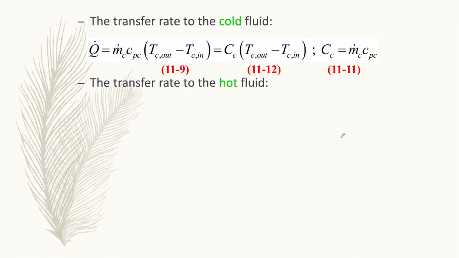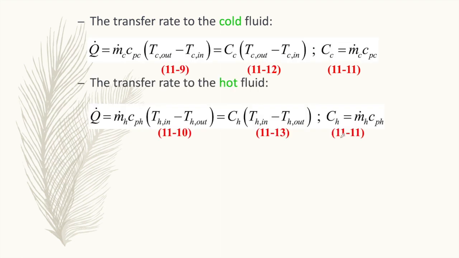So the equation, in order for you to determine the transfer rate to the cold fluid and the transfer rate from the hot fluid, will be: for the first one, the cold fluid, Q dot equals m dot c, the mass flow rate of the cold fluid, times c_pc. The small case c is for specific heat, the specific heat capacity for the cold fluid, times Tc out minus Tc in.